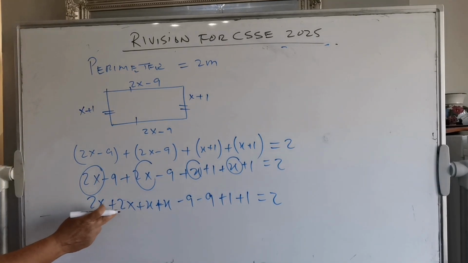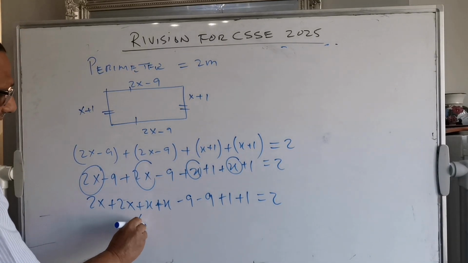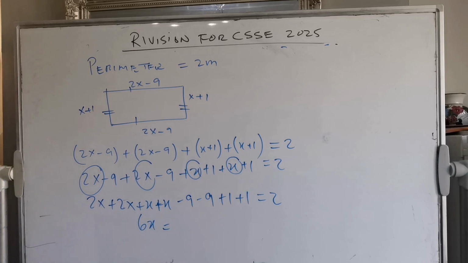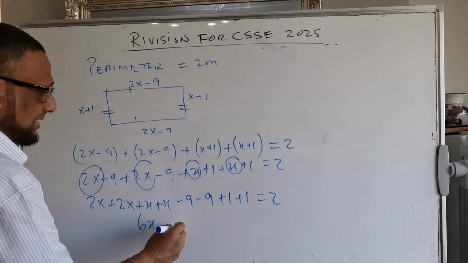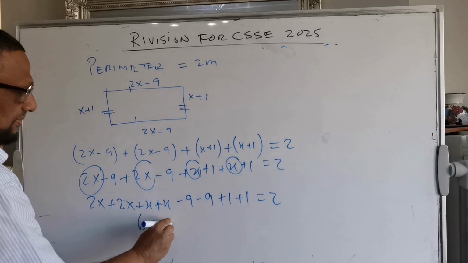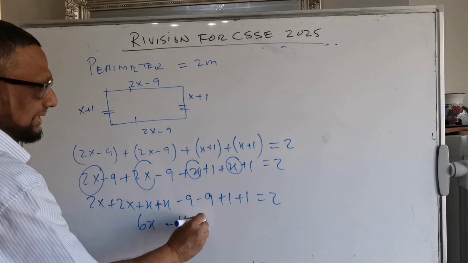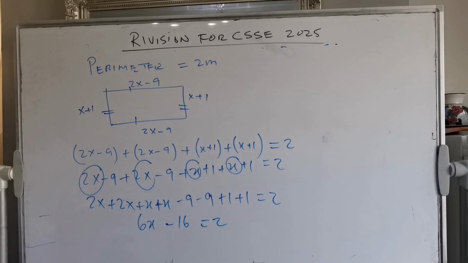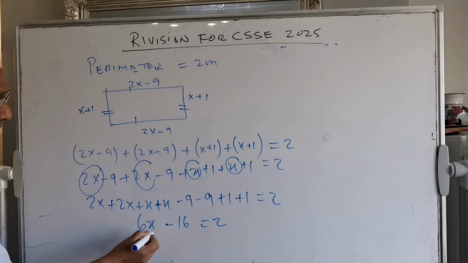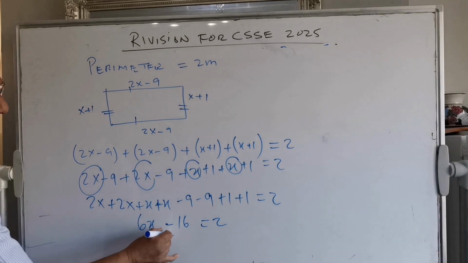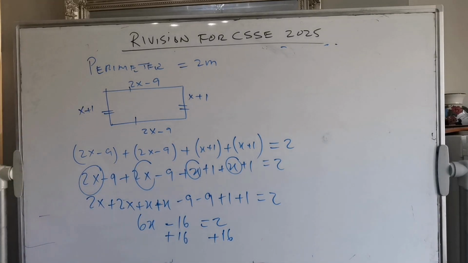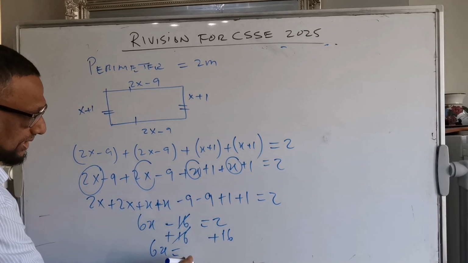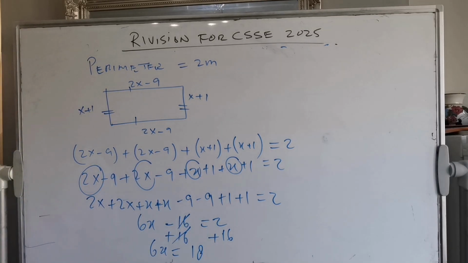So 2x, 4x, 5x, 6x. 6x, and minus 18 plus 2 is minus 16, equals 2. Now this minus 16 is going to be cancelled by plus 16, so I do plus 16 here as well. So this one is cancelled, and 6x equals 18.